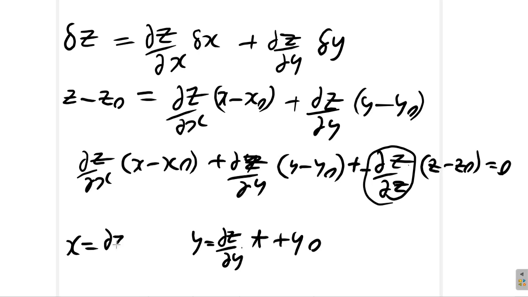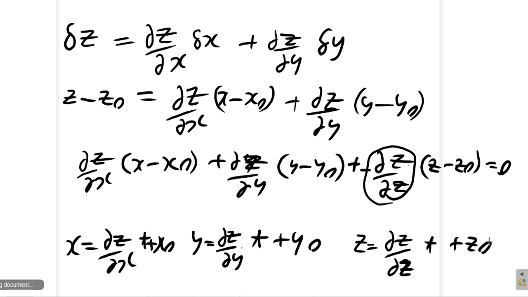X would be equal to delta z by delta x t plus x naught, and z would be equal to delta z by delta z t plus z naught. Now, as for this part, you will always find that delta z by delta z would be 1, and then because of this minus is negative 1.